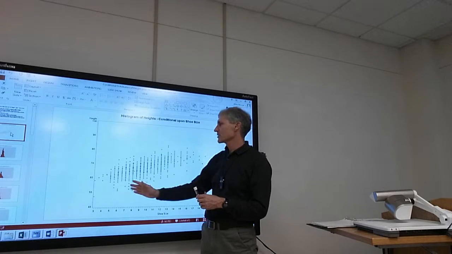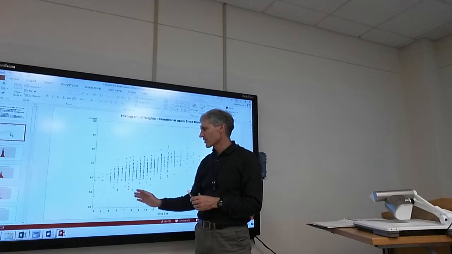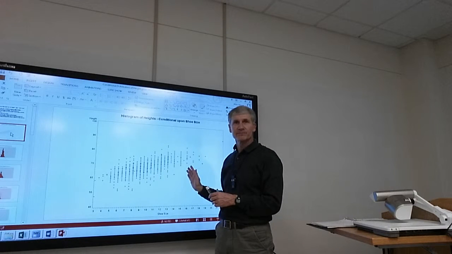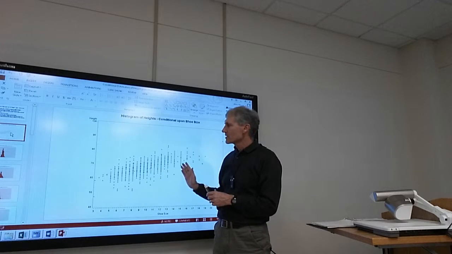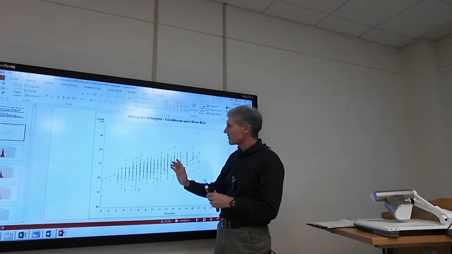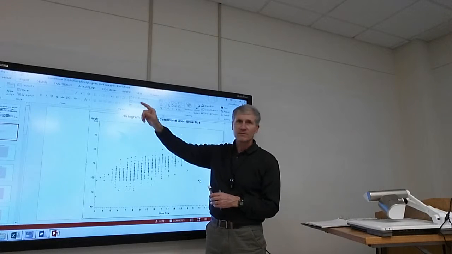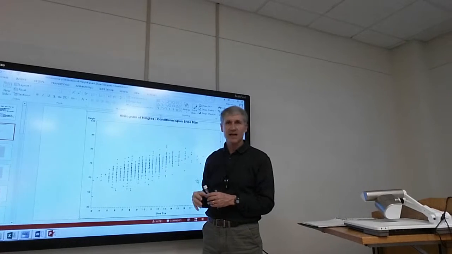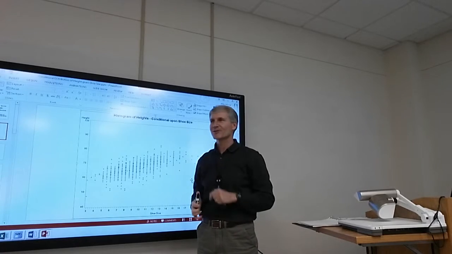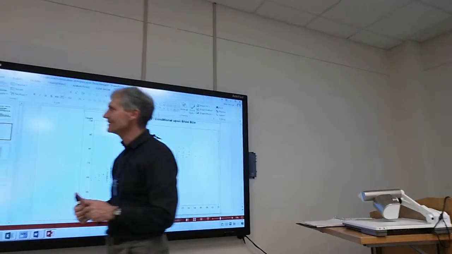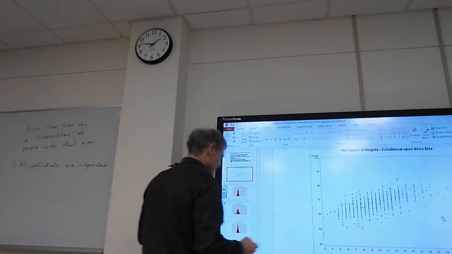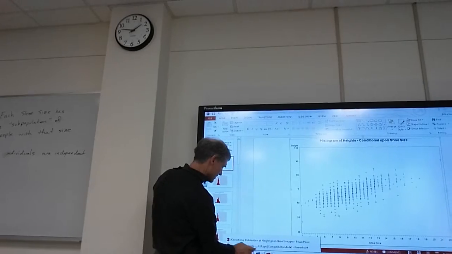Like the value of a stock portfolio across time for the same individual, those would not be independent observations. So if you have dependence, then you use different methods. Least squares regression is not valid. You use different methods called time series analysis. Ooh, that's another class. Okay, so all of those individuals have to be independent.